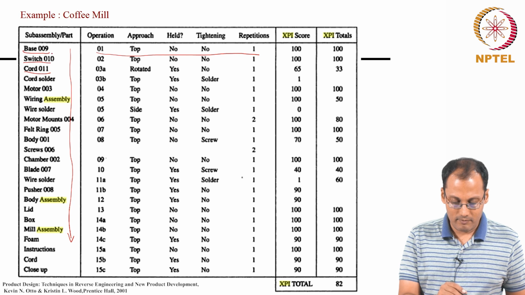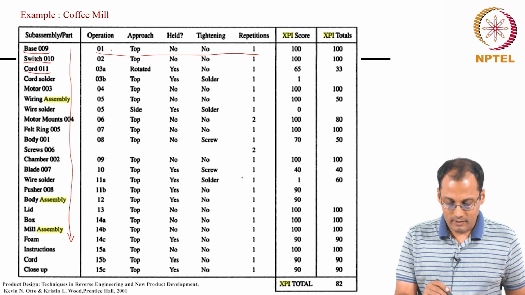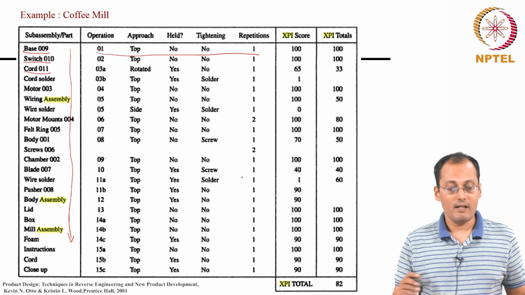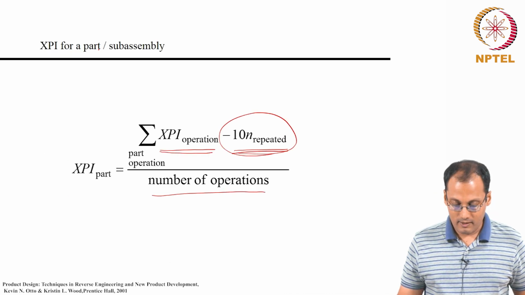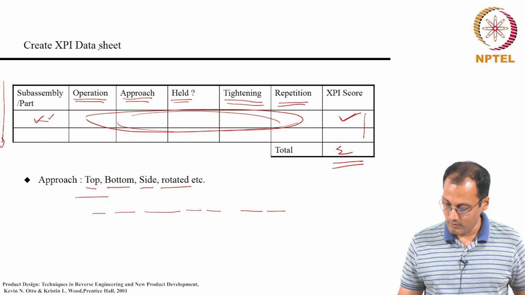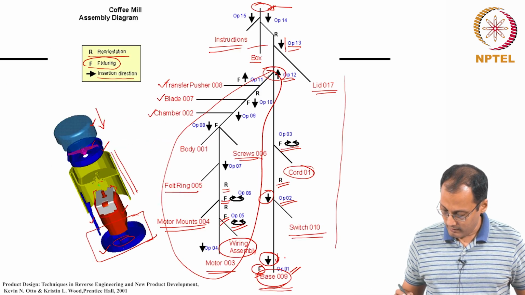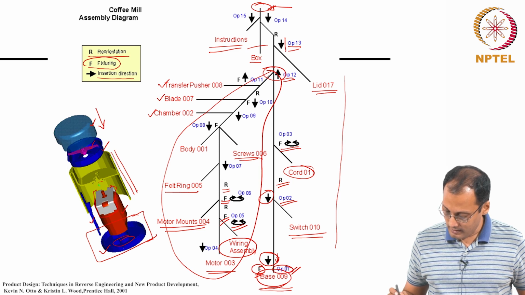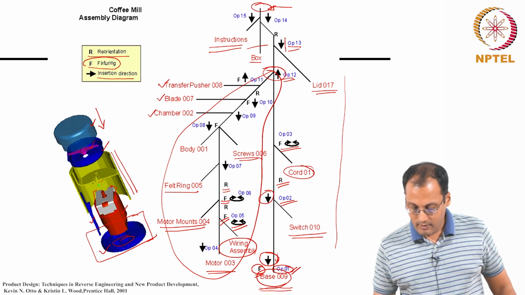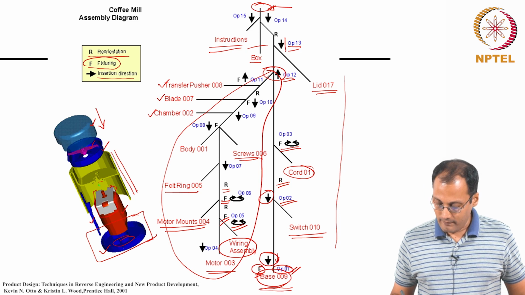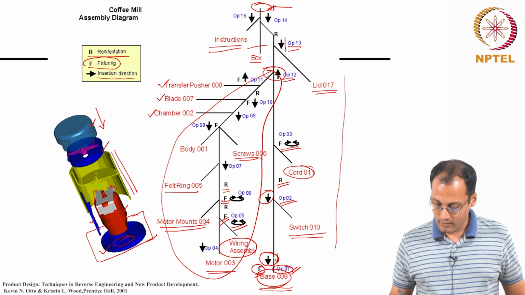So, if we take the base, the number associated with that base operation, so is 0 1, which is what we have given in the assembly tree. If I go back, this is the assembly operation. So, I am writing down the attributes of this. So, here I am bringing it from top to bottom.